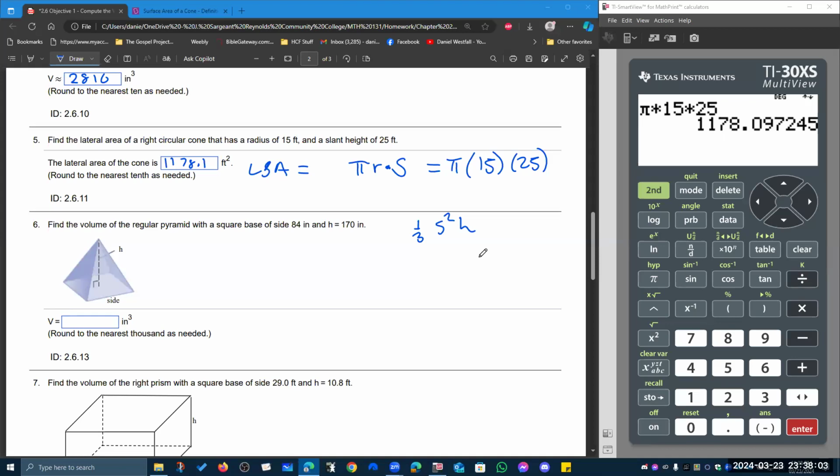All right, now we're on to a regular pyramid with a square base, very much like a cone is with a cylinder. A pyramid is with a cube, kind of, sort of. So we're just going to take 1/3 of the area of the base times the height. So 1/3 of S squared times the height.